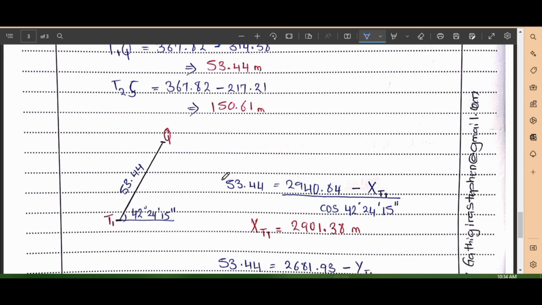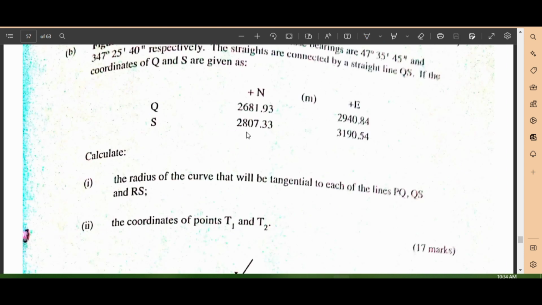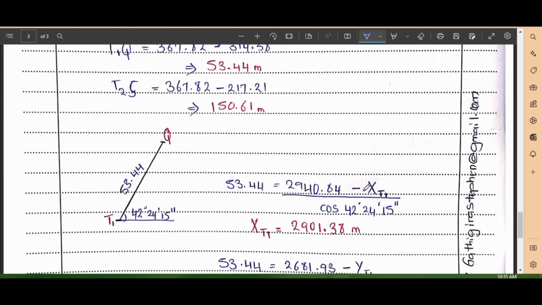Use the length available, that is 53.44, which equals the easting that we had been given for Q, that is 2940.84, minus the easting that we are looking for, over cos theta. That is the angle that we had earlier calculated, similar to the one on top, because all the lines lie perpendicular to each other. So our answer will be that. That is the easting for x.